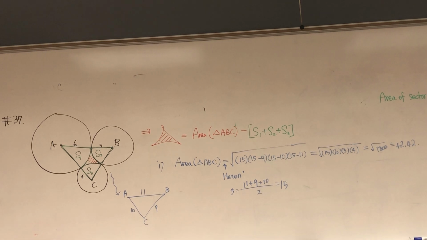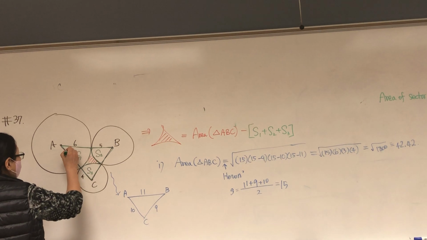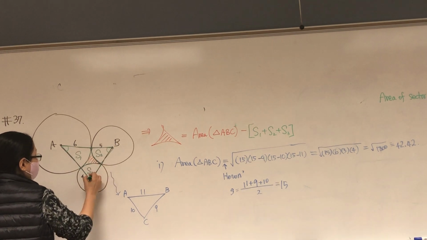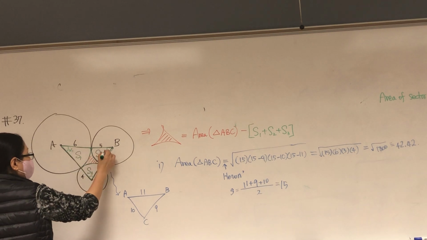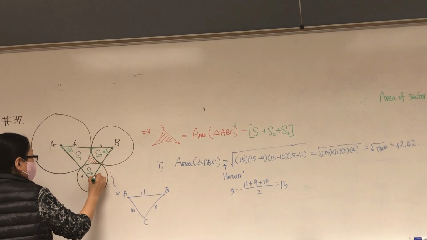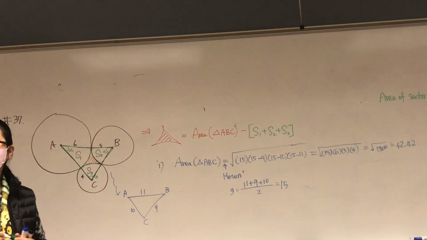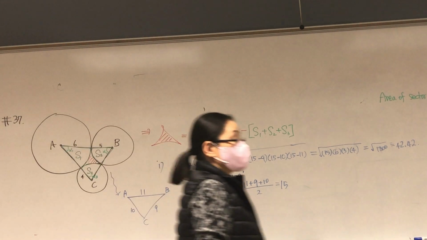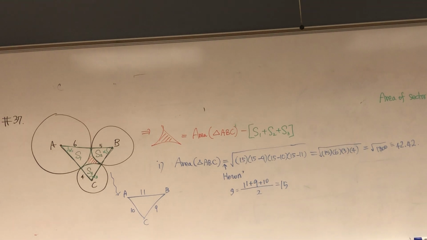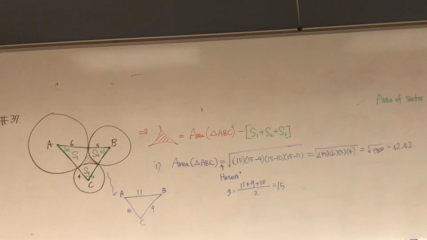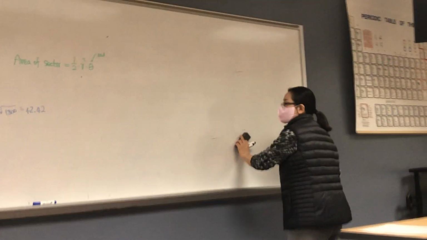How do you figure out the angle? This angle, this angle, this angle. Let's say these angles are alpha 1, alpha 2, alpha 3. Law of cosines: side, side, side.